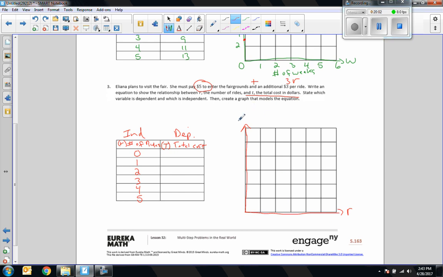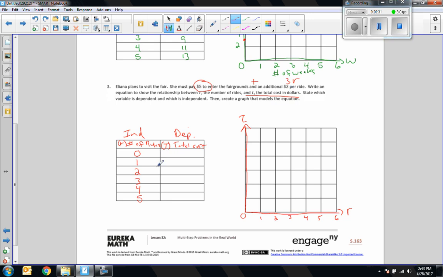Y is T, so this is my T axis. This is 0. And then I just use a unit of measure, 1 unit per square, 1, 2, 3, 4, 5, 6. And going up the side, we are paying $3 per ride, so I want to do multiples of 3 possibly.